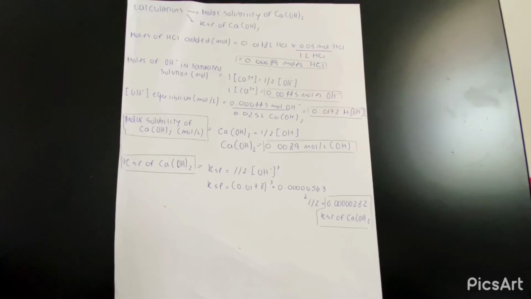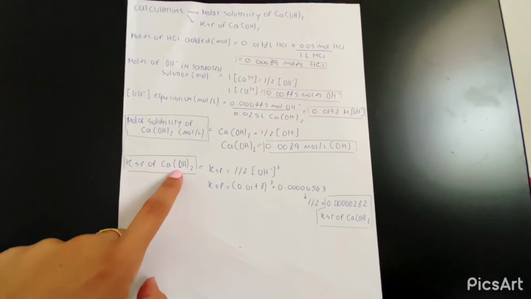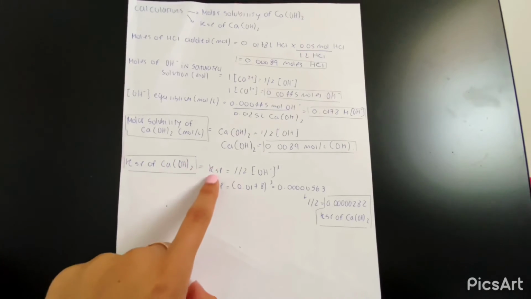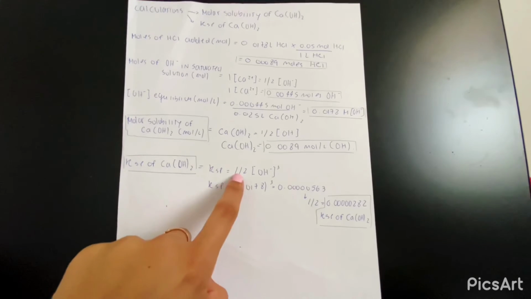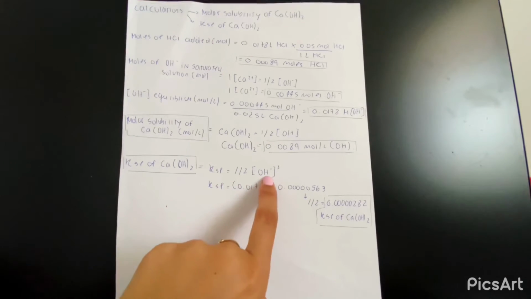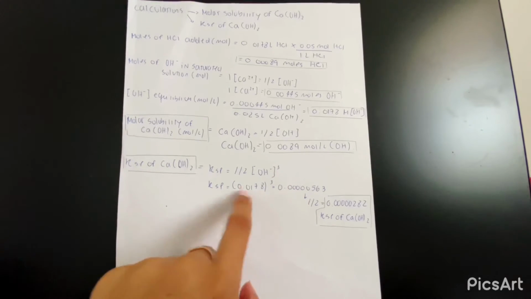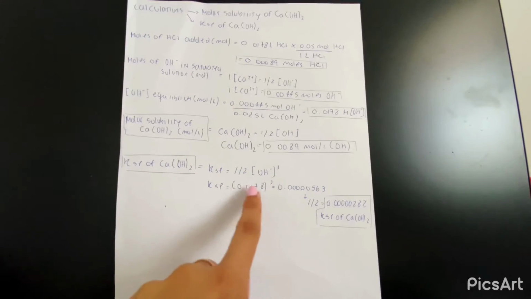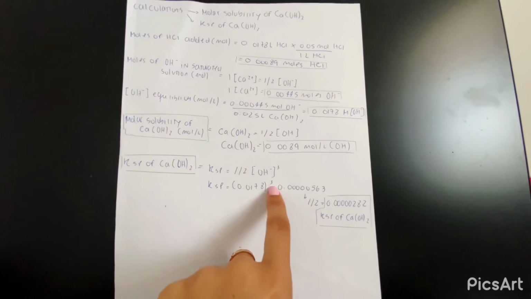And now to calculate the Ksp of our calcium hydroxide, we are going to be using this equation. We have Ksp equals half of the OH concentration raised to the power of 3. So Ksp equals this number of the OH calculated here for the equilibrium, and we're going to raise that to the power of 3.